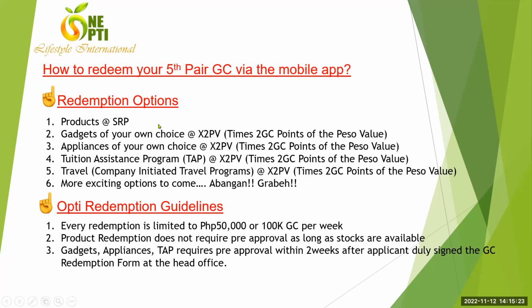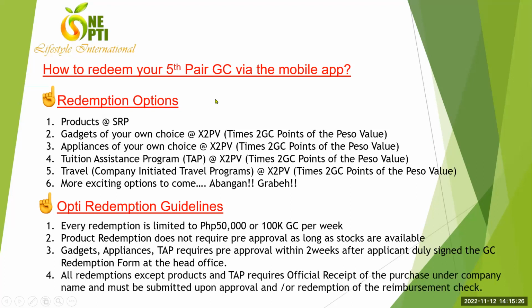Okay? So, moving forward, all redemptions except products and tuition assistance program require an official receipt. Whenever you make your redemption and once it's approved, make sure that the receipt is under the company name and is submitted upon approval. Otherwise, your reimbursement check will not be released.